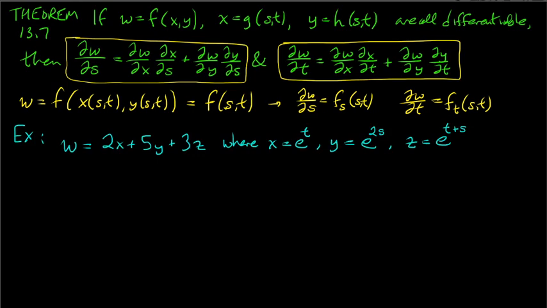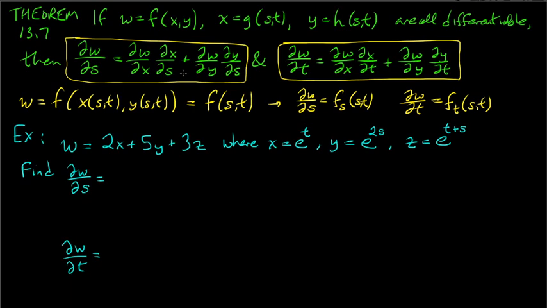Okay, so w is a function of x, y, and z, and x, y, and z are functions of t and s. So first we want to find the partial of w with respect to s, let's do s first, and then we'll find the partial of w with respect to t.